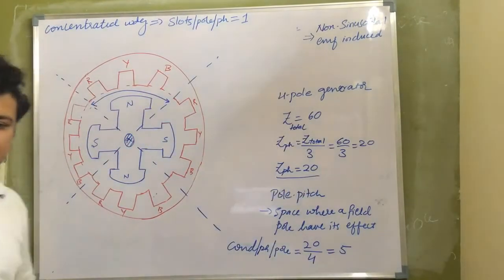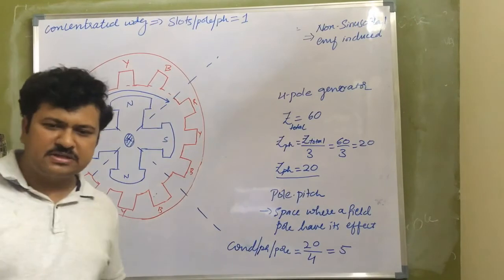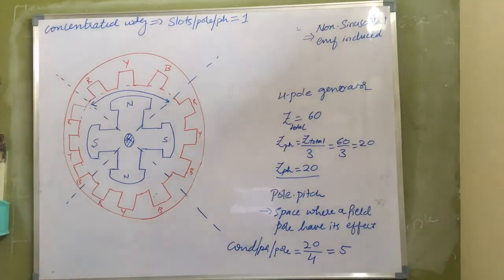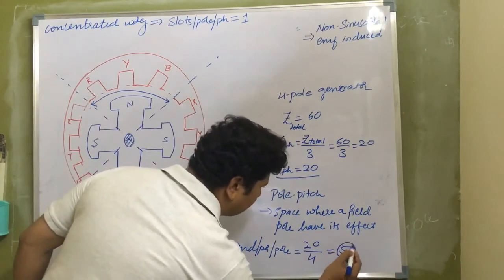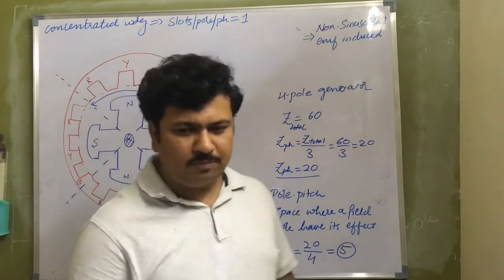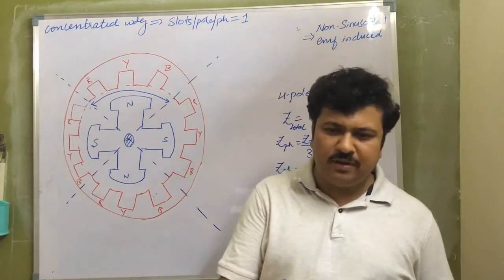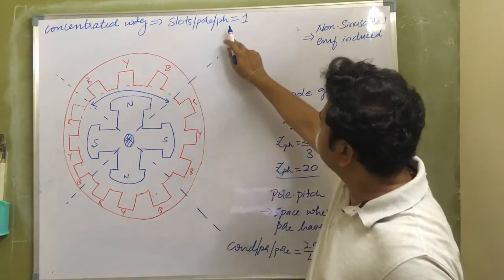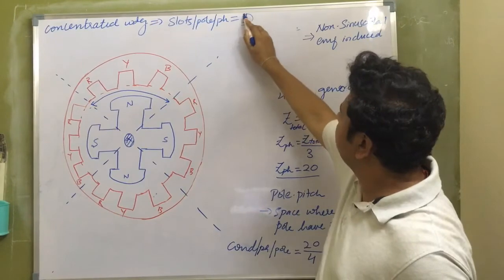Now how many slots are there available for R phase conductors in one pole? Only one slot. So all the conductors per pole per phase are to be placed in the slots available per pole per phase. The number of slots available per pole per phase is 1.